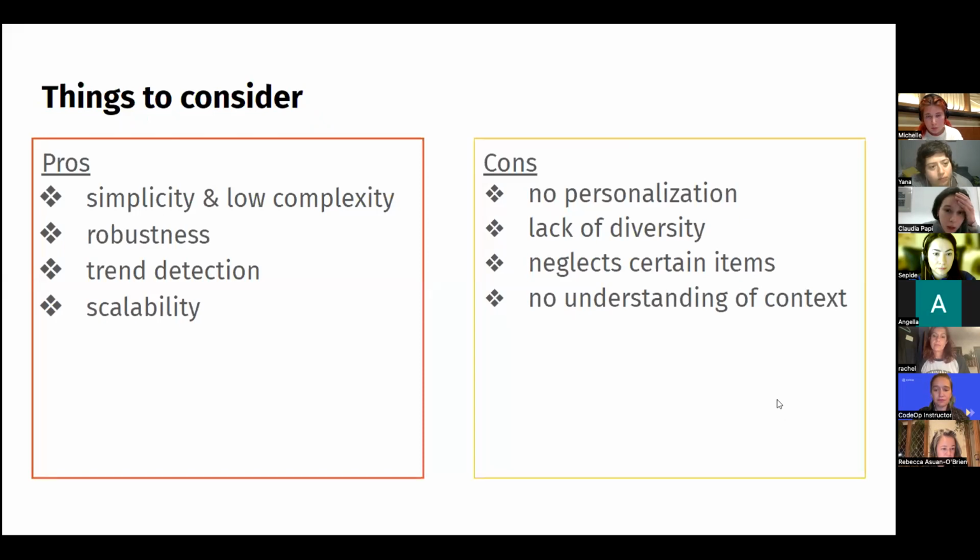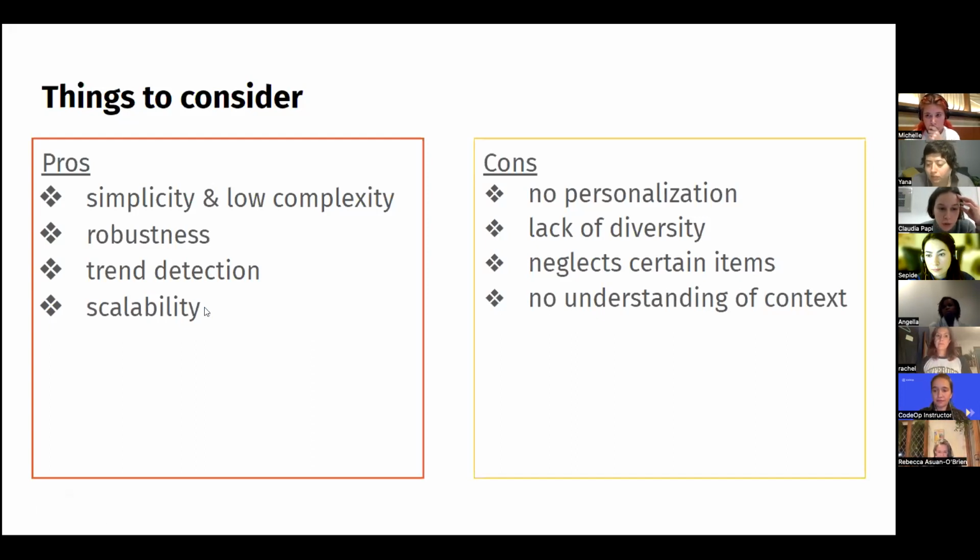In terms of pros and cons, the advantages are that it's simple to use and it doesn't give many problems. It's robust, which means that although your data might be very limited, it still works. It's helpful, maybe even for Amazon, because if an item receives a lot of likes and has been bought a lot, then as a data analyst you can deduce that this item is trendy and popular.